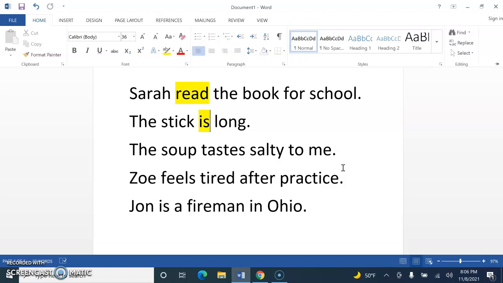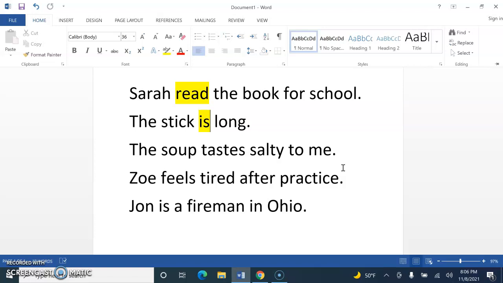And I explained this to you yesterday, that the reason why we call the noun or the adjective that comes after the linking verb a predicate noun or a predicate adjective is because if we were going to put a dividing line in and divide our complete subject from our complete predicate, that predicate adjective and predicate noun would go along in the predicate portion of the sentence.